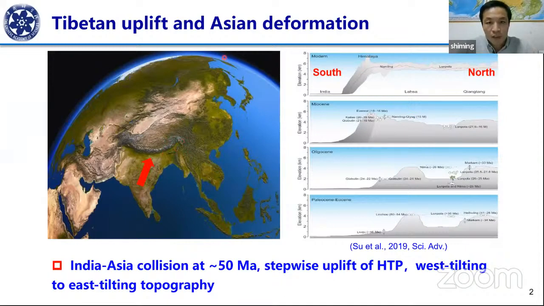This important Asian deformation changed the Asian topography from west tilting to east tilting, finally resulting in river reorganization and monsoon evolution.